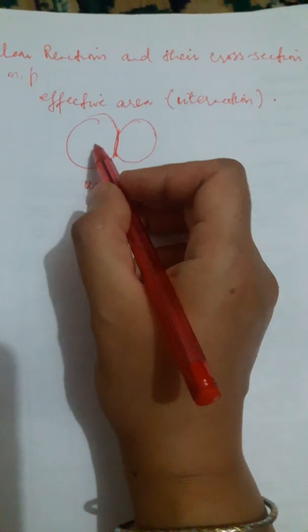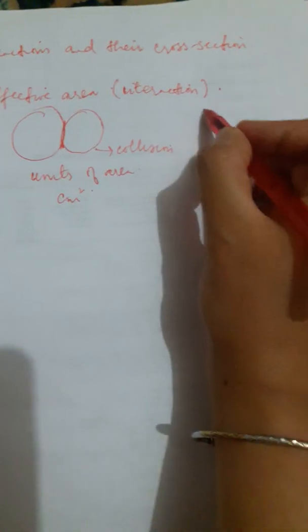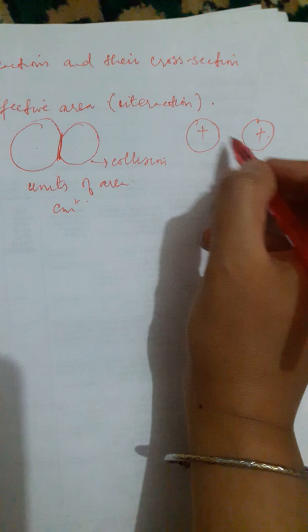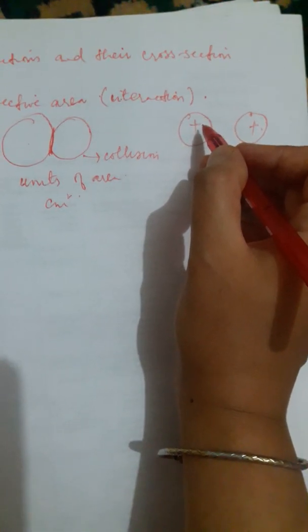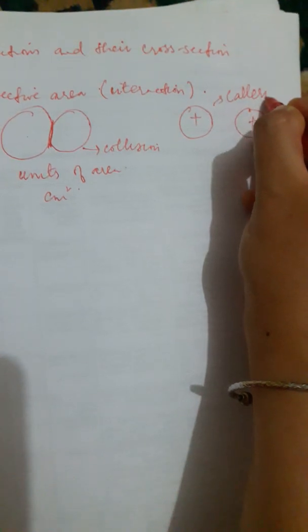Now, there are two things in this case. One is that if two bodies physically collide, that is called a collision. And then there can be two similarly charged particles, like a positive particle and another positive particle. They cannot come together to physically collide, but they can scatter at a certain distance on account of the force of repulsion, right? So that's called scattering.